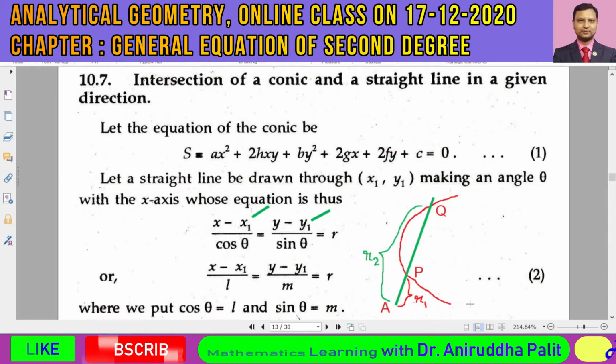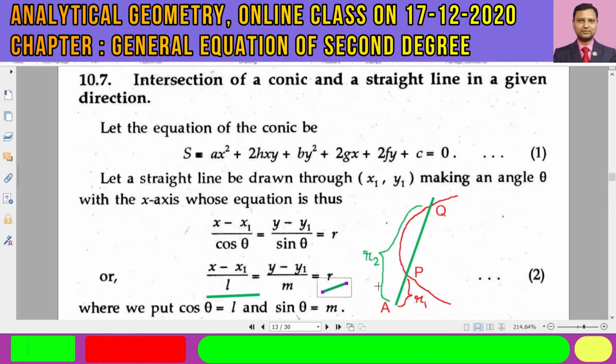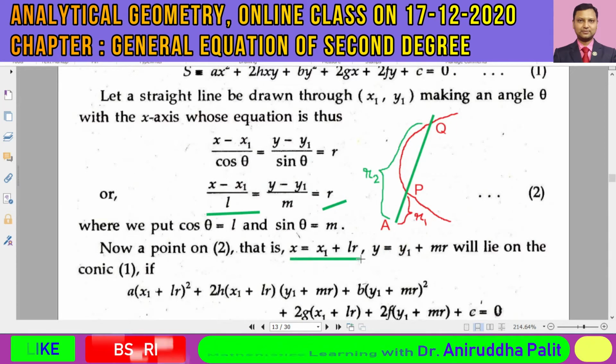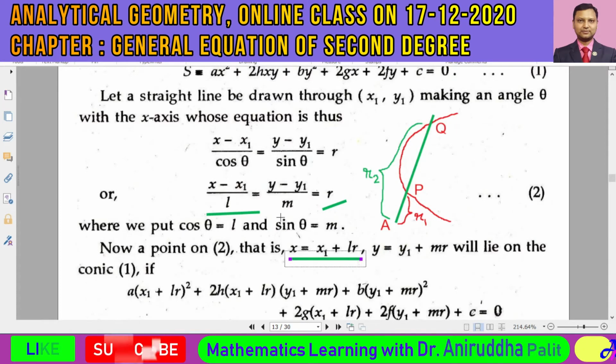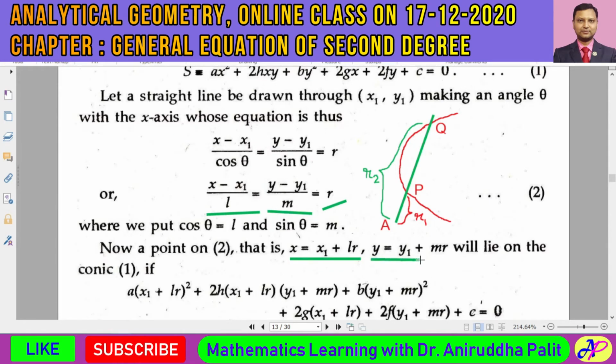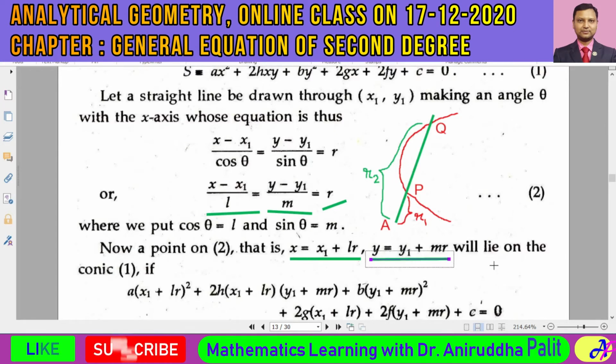Now, if we compare the first ratio with r, we will have x is equal to x1 plus L into r. Similarly, if we compare the second ratio with r, then we will have y is equal to y1 plus M into r.